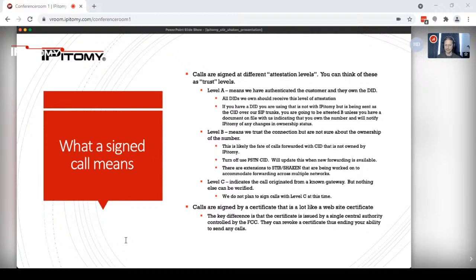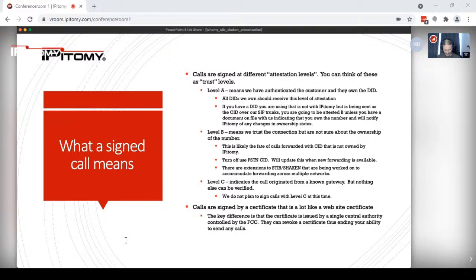The main difference in this situation, I guess I'm starting from the bottom up, is that the certificate we get is kind of like a sub certificate, and the main certificate is actually issued by a central authority controlled by the FCC, and they can revoke a certificate and thereby end your ability to send any phone calls.